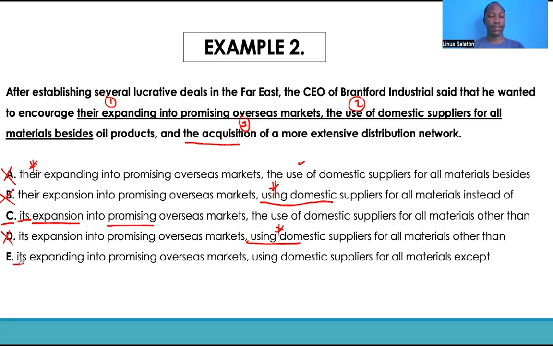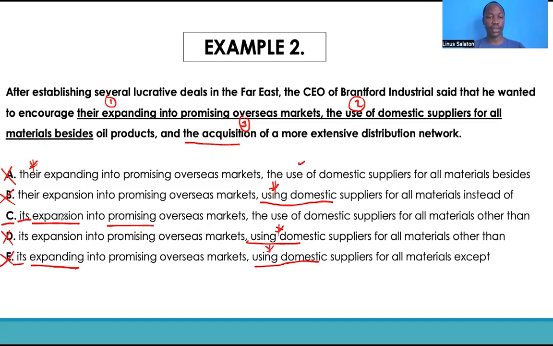Okay, so it's sort of correct, the pronoun would be referring to Brantford Industrial, and it's expanding. We can tell another use of gerund form after the possessive form, the pronoun. So yes, it's expanding into promising overseas markets. Again, this also breaks the rules of parallelism in regards to this sentence that we have here. So for that reason, eliminate it.